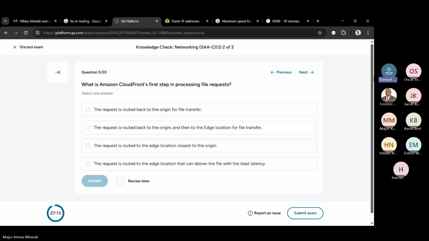C. The request is routed to the edge location closer to the origin. D. The request is routed to the edge location that can deliver the file with the least latency. I will go with D. No contention? No contention. I think we move on.